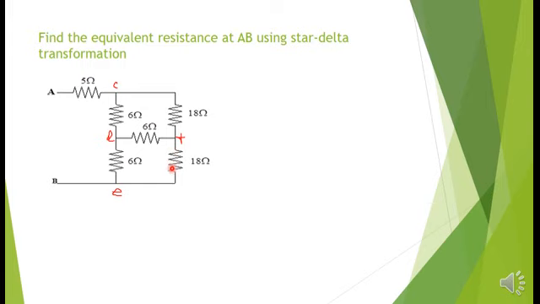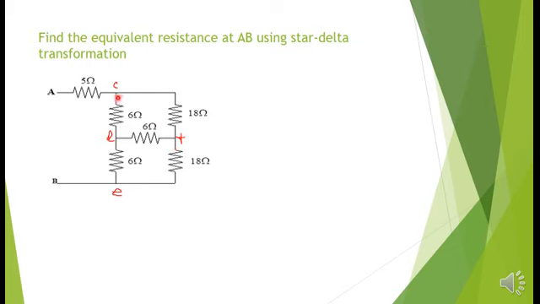So the question arises, which star or which delta do you need to transform? According to the concepts, it is only star delta transformation, and it will not reveal which star or which delta you have to transform. So you can transform any one at a time.